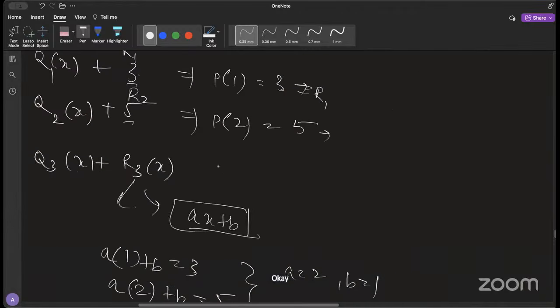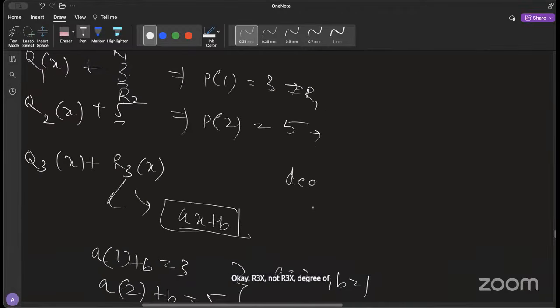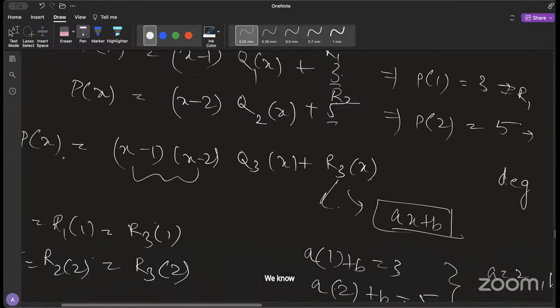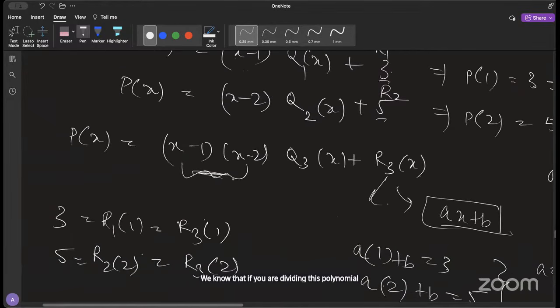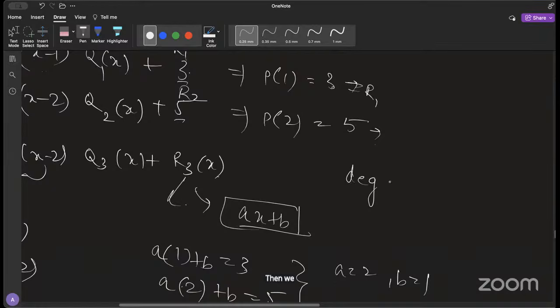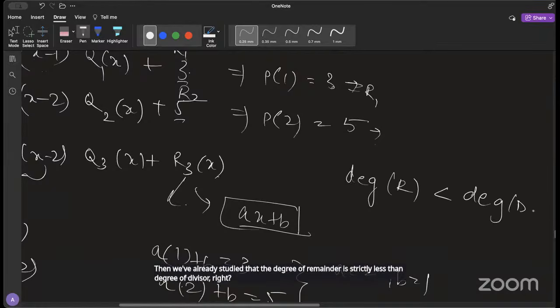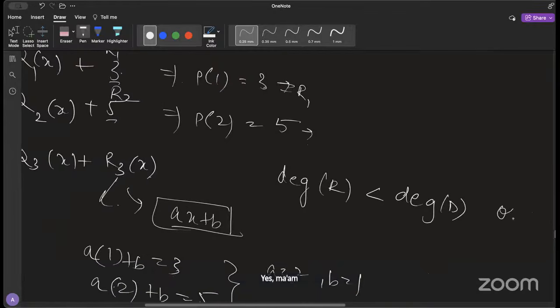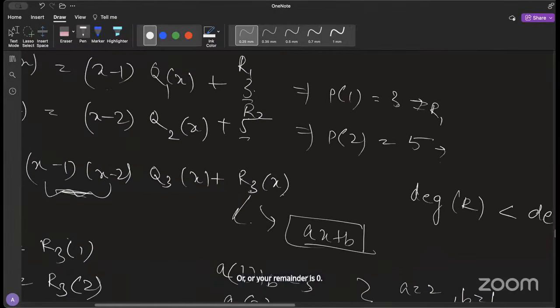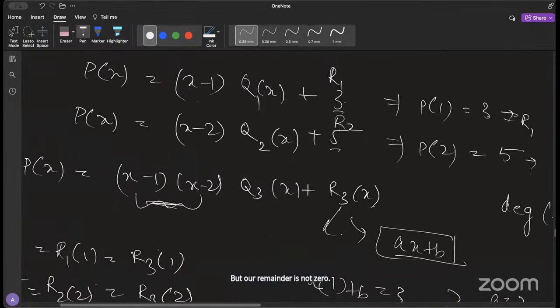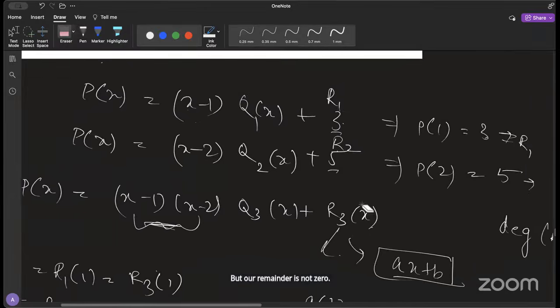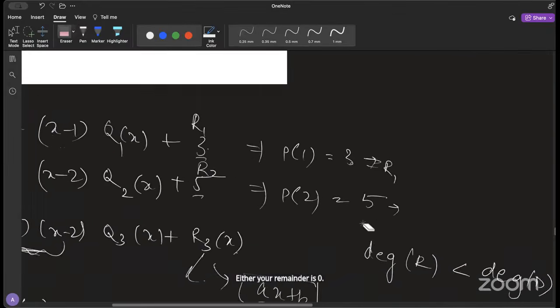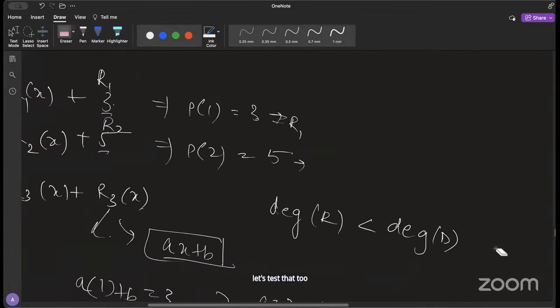Okay. R3(x), not R3(x), the degree of R3(x). We know that if you are dividing this polynomial, if this is your divisor, then we've already studied that the degree of the remainder is strictly less than the degree of the divisor, right? Or your remainder is 0. Either your remainder is 0, or let's test why the remainder is not 0.